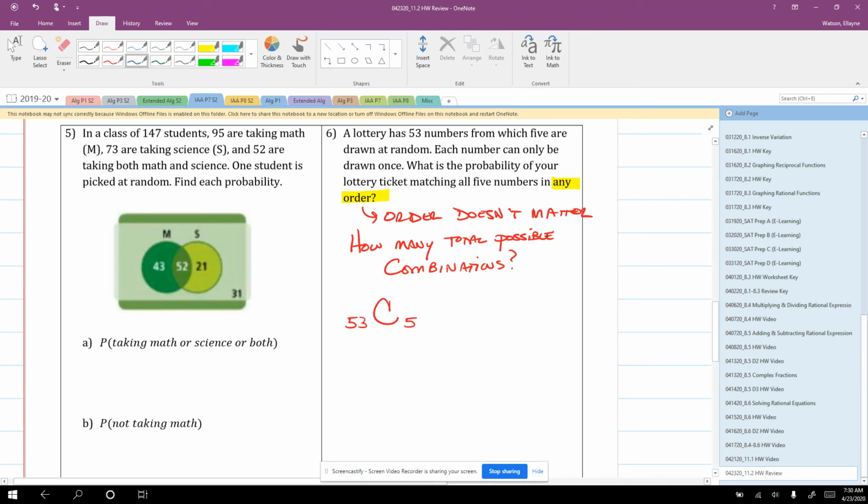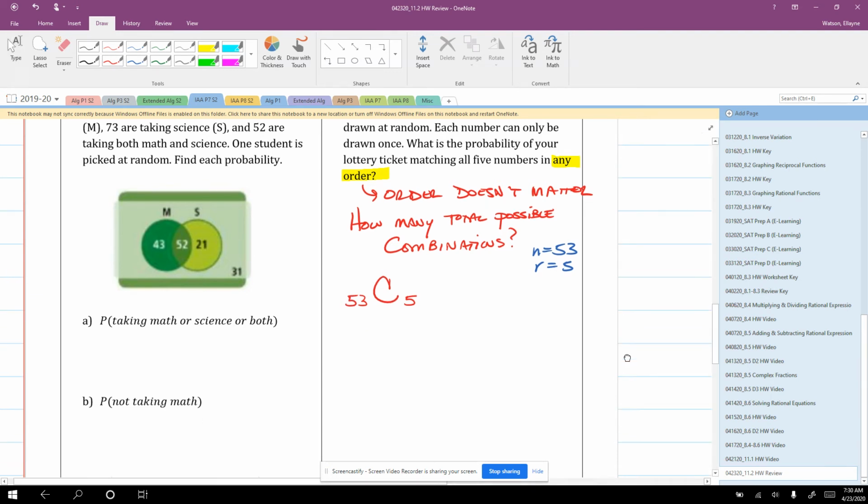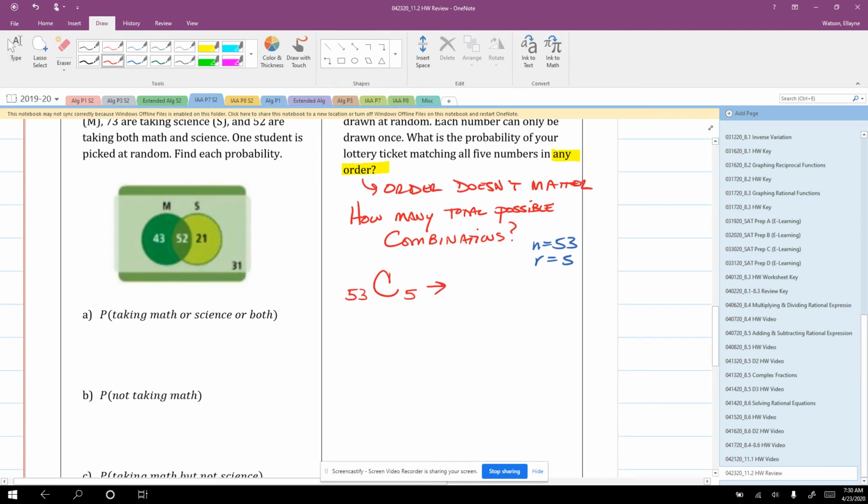Thinking back to combinations the other day, n is 53, r is 5. If we use our formula, it would look like 53 factorial over 5 factorial times (53 minus 5) factorial. We simplify that to 53 factorial over 5 factorial times 48 factorial.